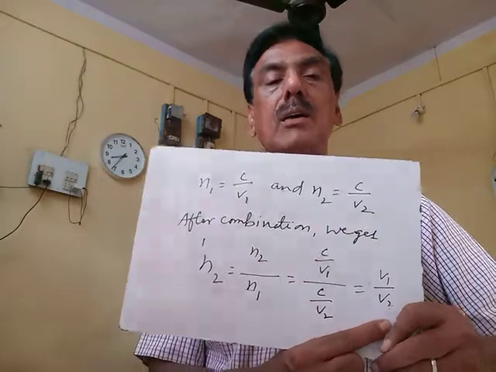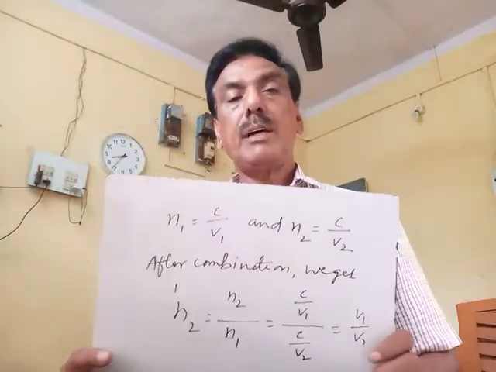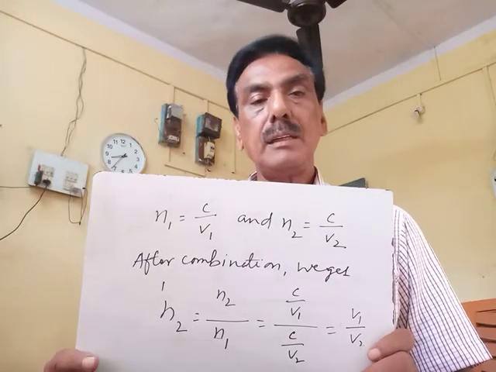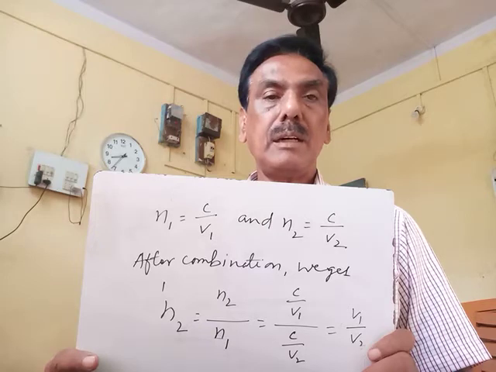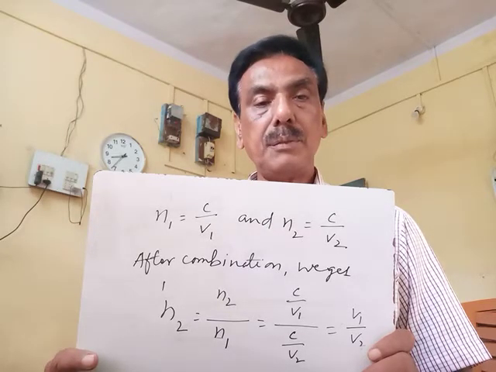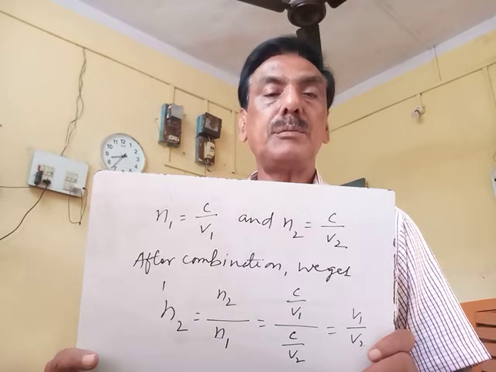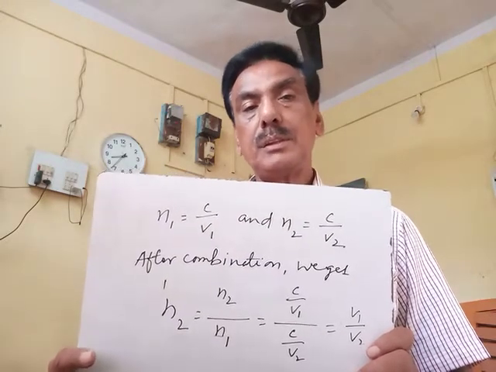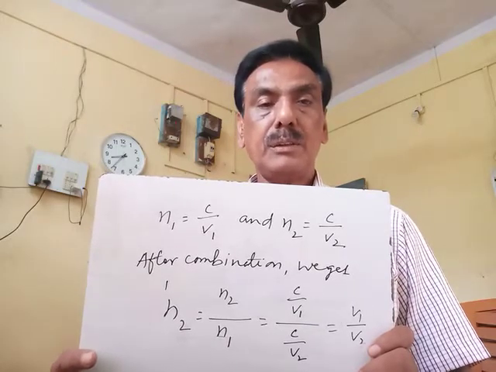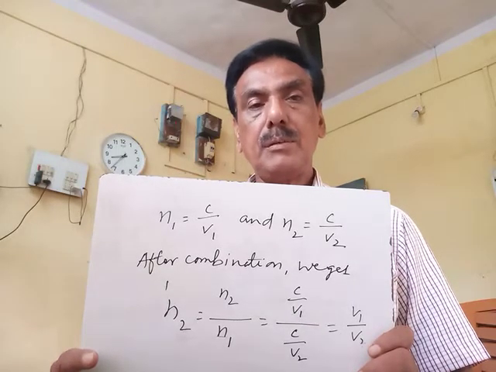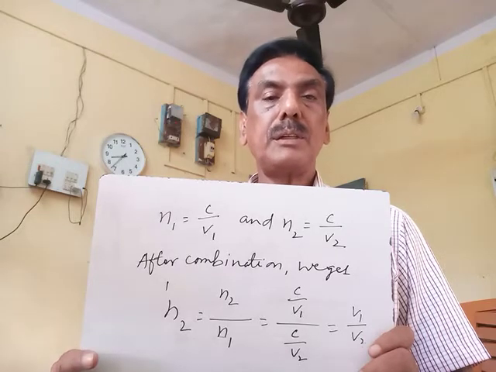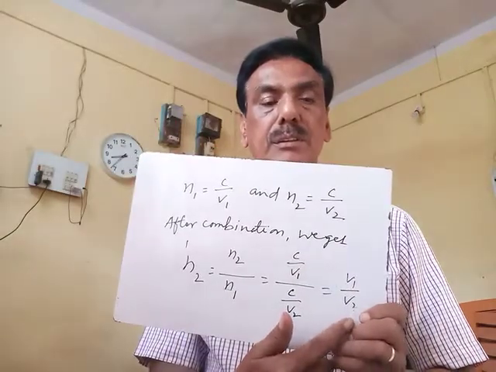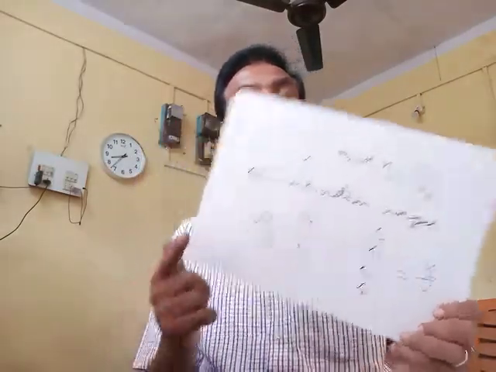One thing to see here: whenever we have to find the refractive index of a medium, that is written in the denominator, and when we compare that medium with the first one, then we write the speed of light in the numerator. So v1 by v2, this is the answer.